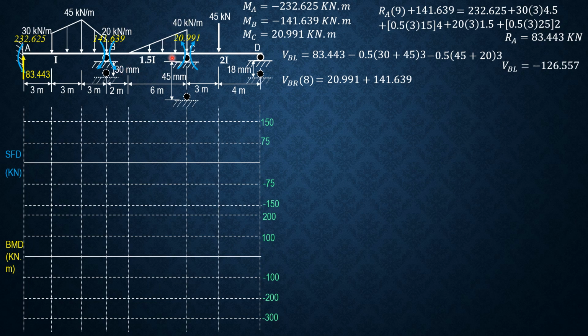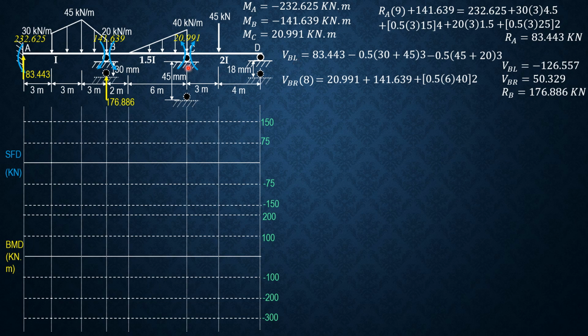Then moment of the load, 0.5 times 6 times 40 times 2. So shear just to the right of B is equal to 50.329 kilonewtons. Therefore, the reaction at B is 50.329 minus negative 126.557, or simply add the absolute values. R sub B is 176.886 kilonewtons as shown.